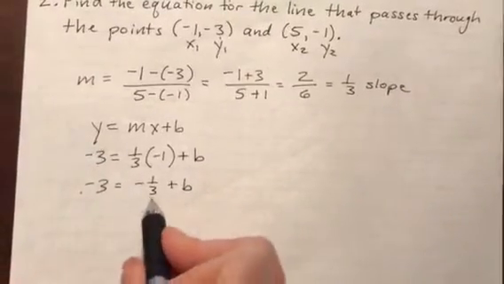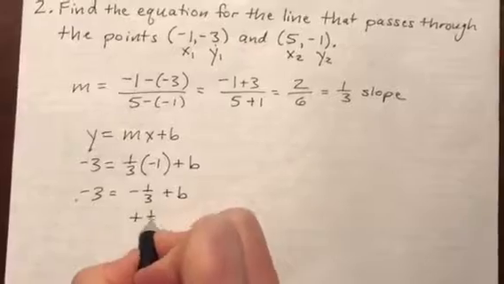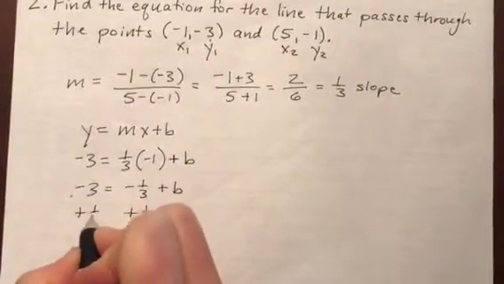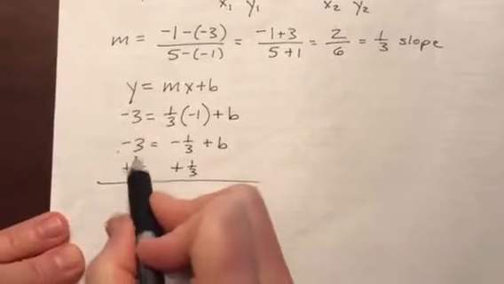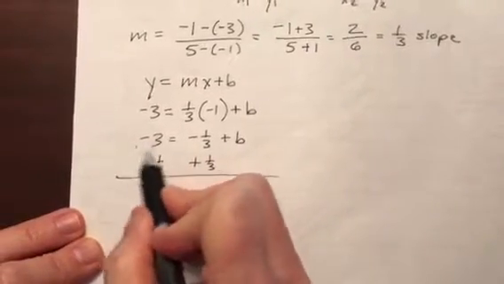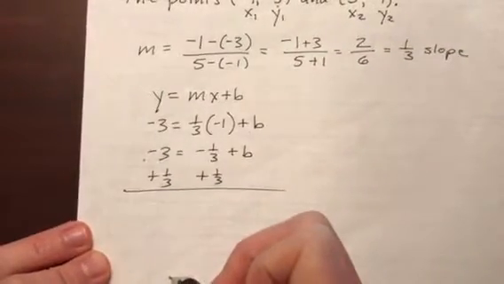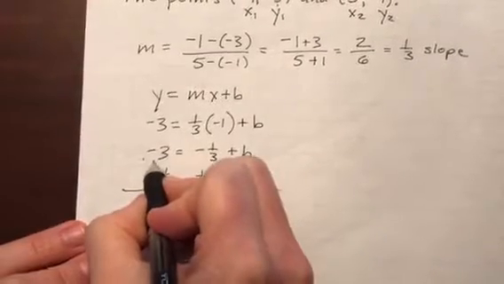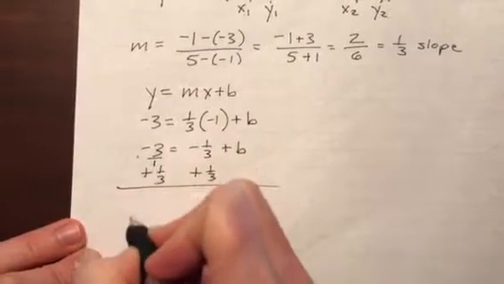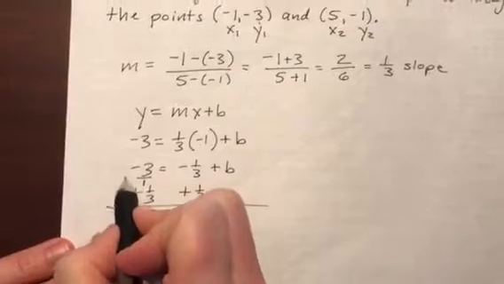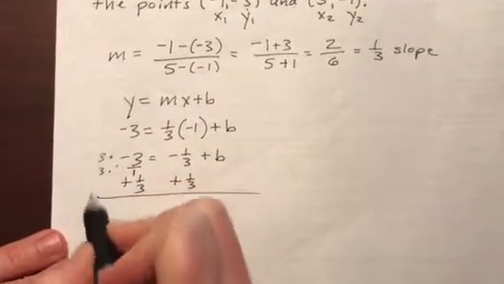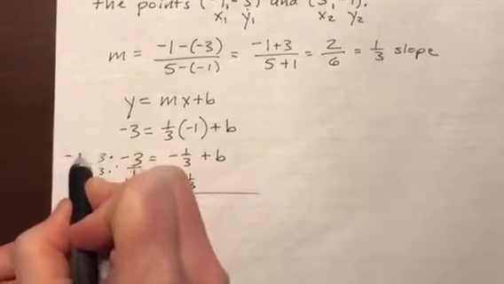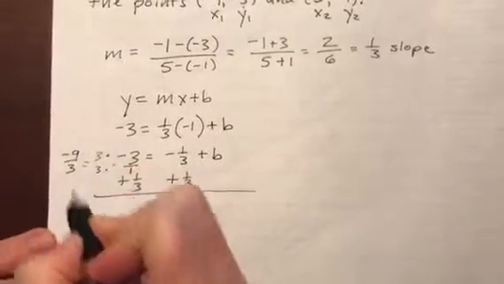We have to add the 1/3 to both sides. All right, we might want to change the -3 into thirds first. And so that's really equivalent to -3 over 1. And if we multiplied both the numerator and the denominator by 3, we would have that this is -9/3.